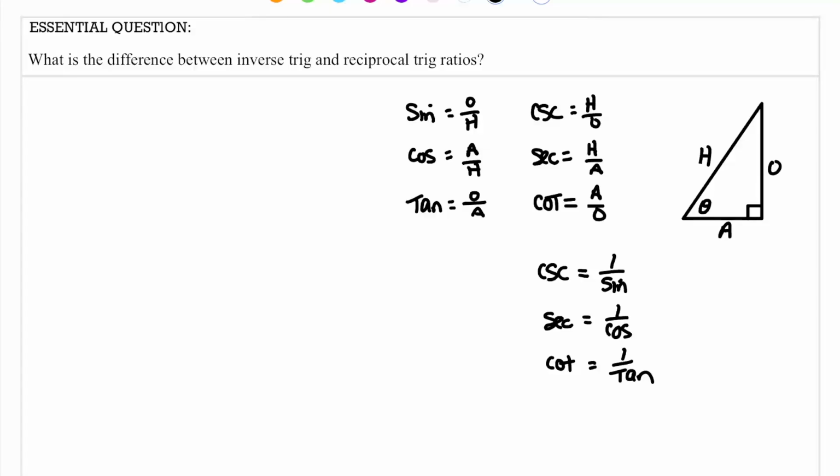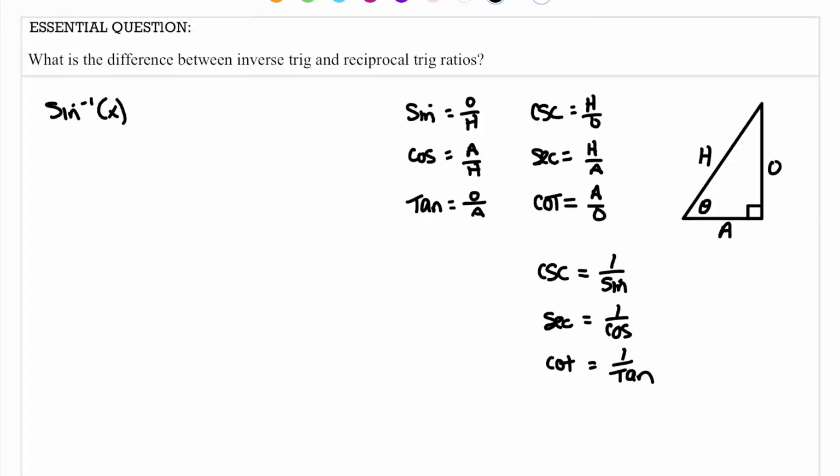So those are reciprocals. That's just changing the ratio and swapping or switching the numerator and the denominator. But you're still dealing with the ratio of two sides. Whereas inverse trig is written like this.